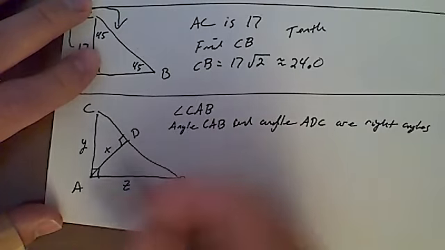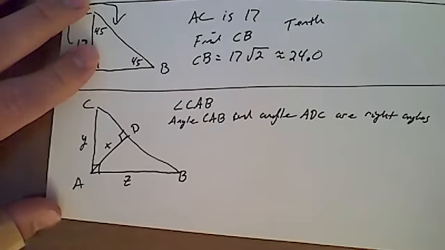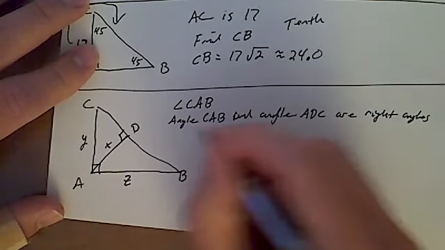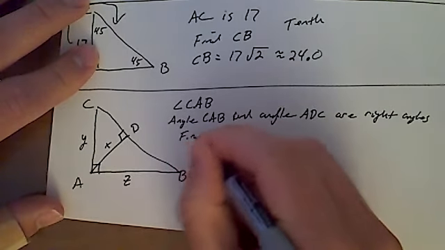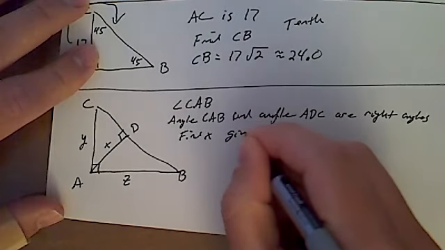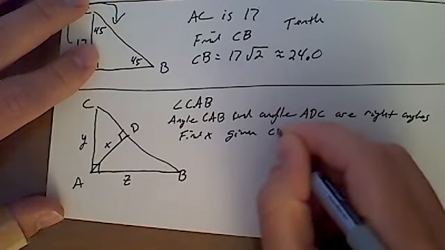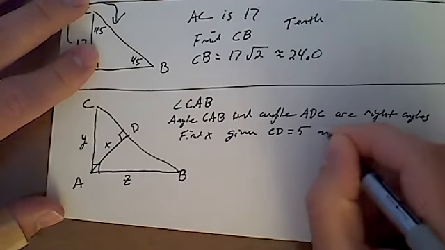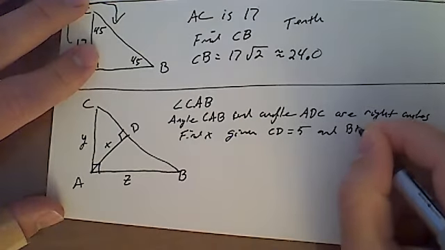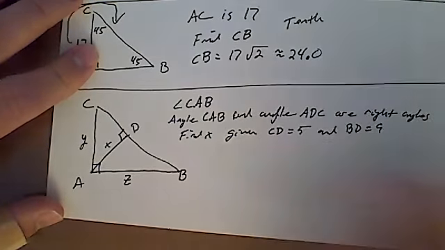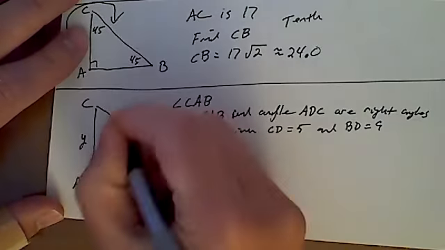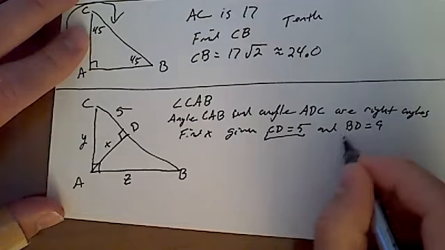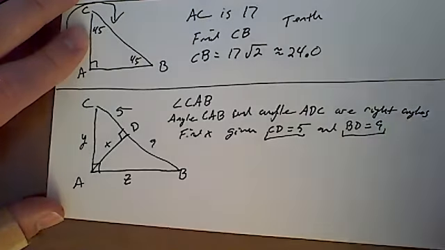So we have a right triangle with its altitude drawn in from the right angle. And then it'll say find X given CD is 5 and BD is 9. I would suggest you draw your triangle and write those in. CD is 5, BD is 9.